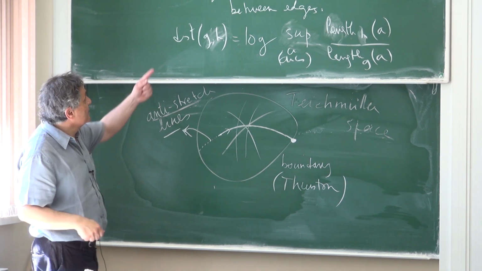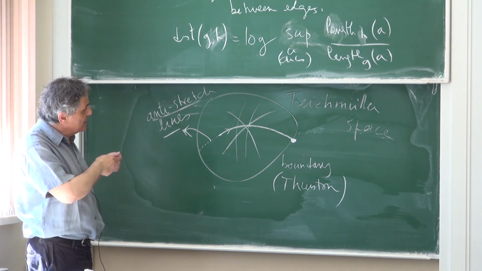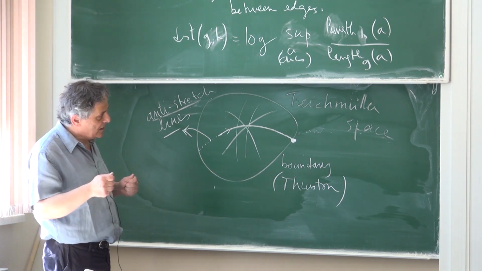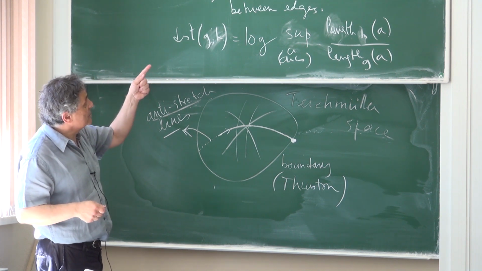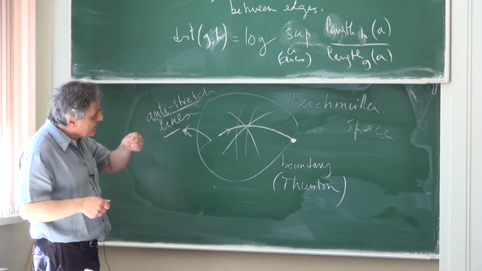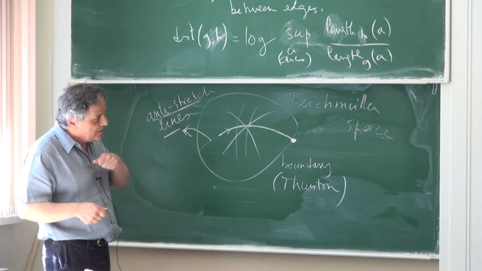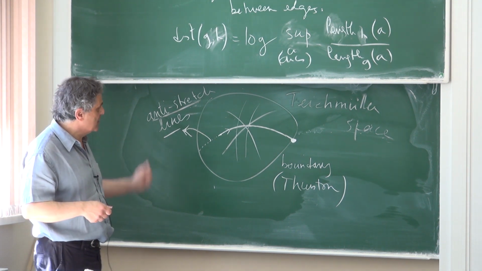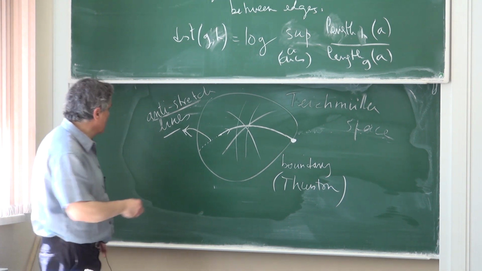So remember that this metric is not symmetric, and that these stretch lines, which, as we said, are geodesics for the Thurston metric, are in most cases not geodesics in the other direction.